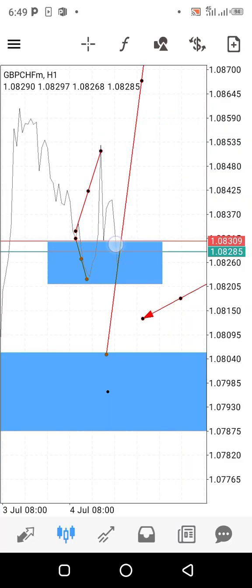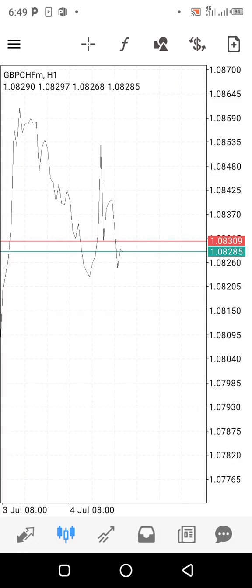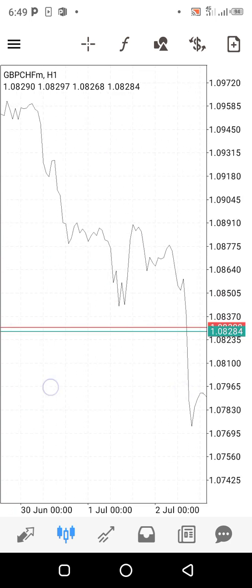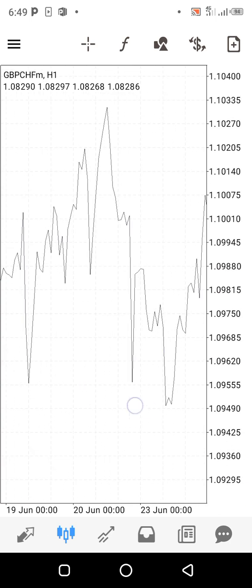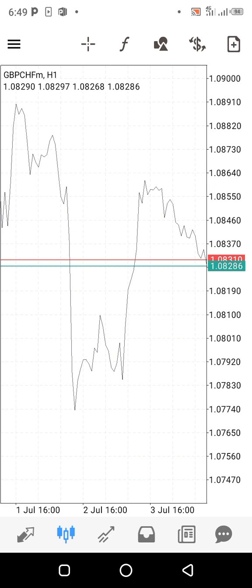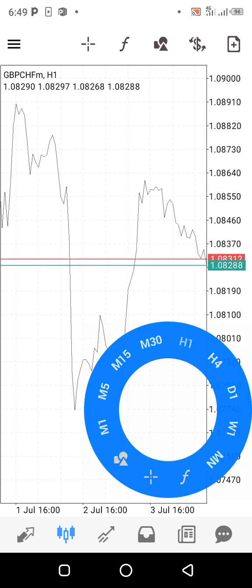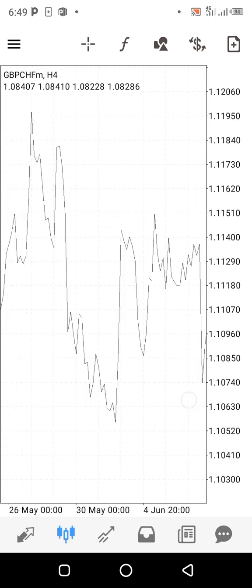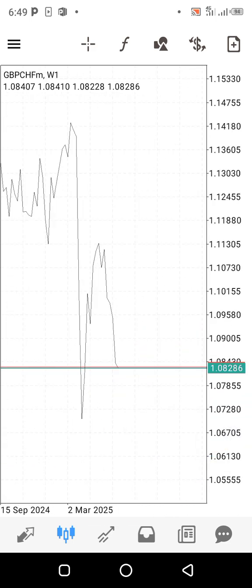Let's first remove all our drawings, because they're really confusing. Okay, that's how it's looking on GBP CHF, but we can just look for areas on the H4 or the weekly.